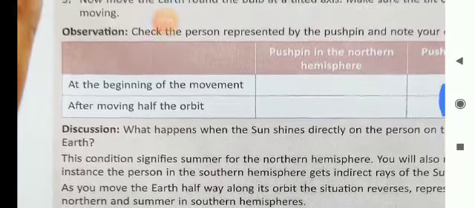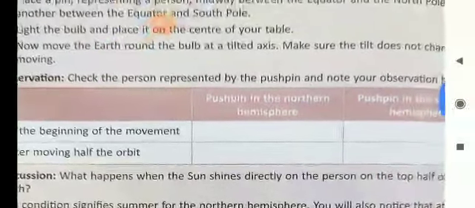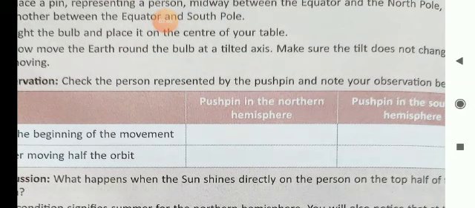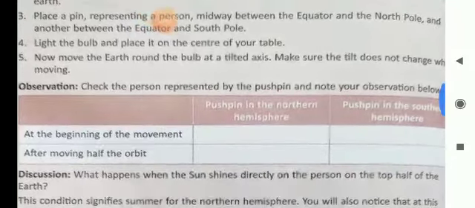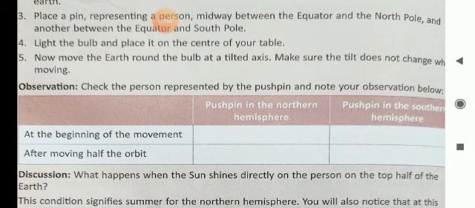So with the help of light which falls on the earth, which is represented by the ball, we can see that the part where the light falls directly gets more sunlight and is experiencing summer season in that area.